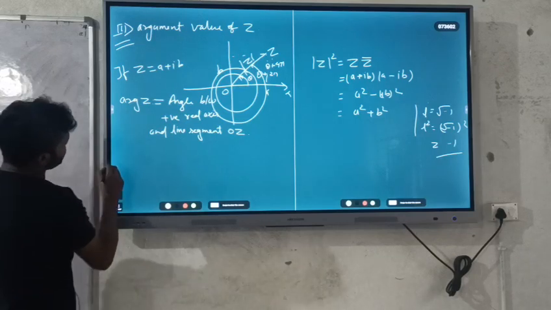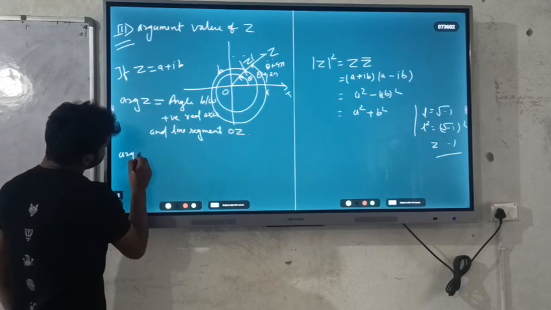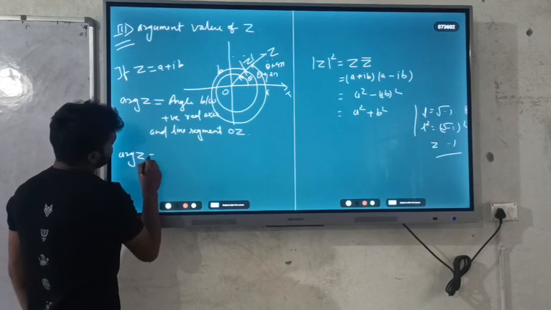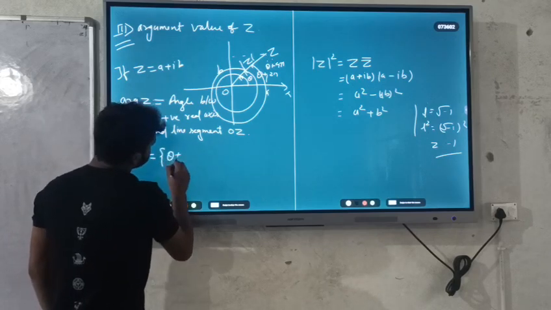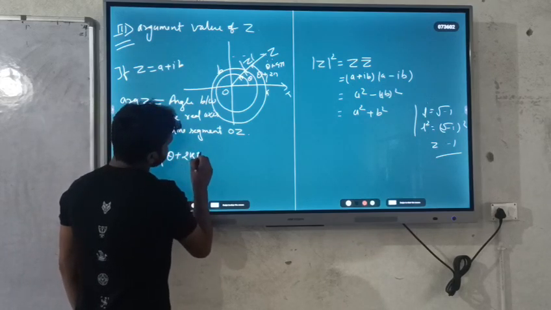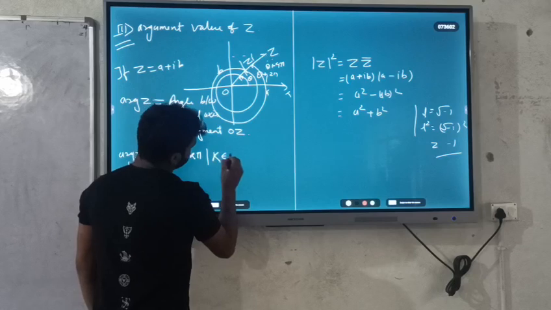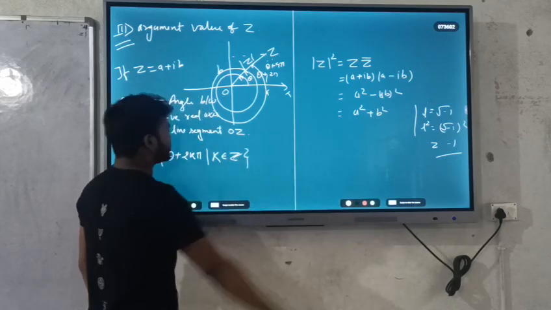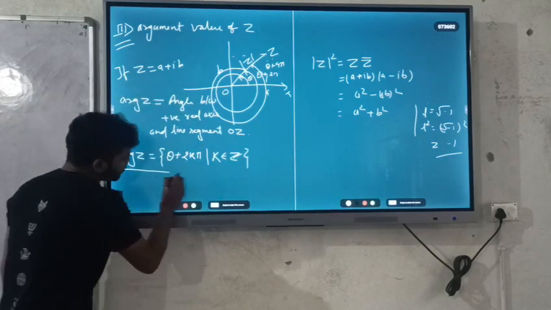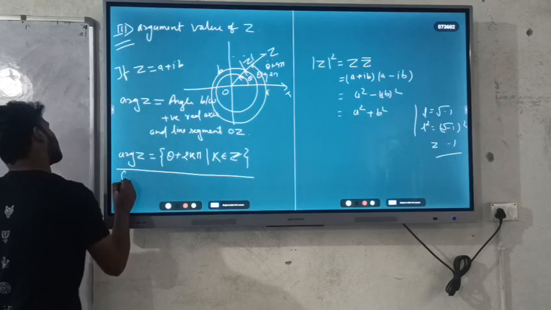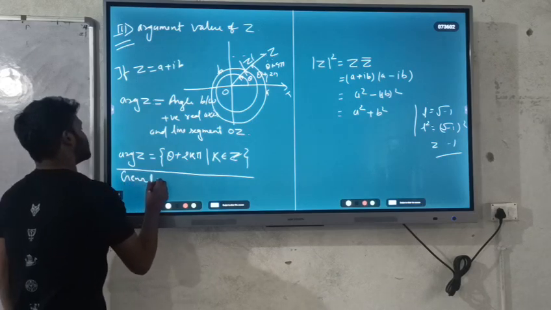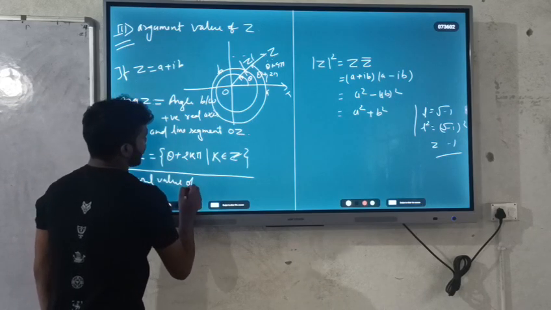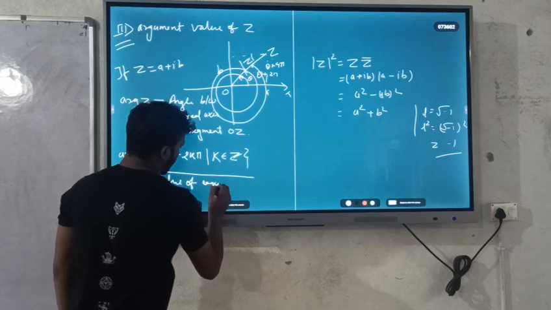So the set of all argument values of z can be written as theta plus 2k pi, where k is any integer, and it's called the general value of argument.